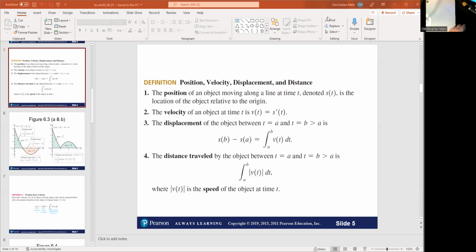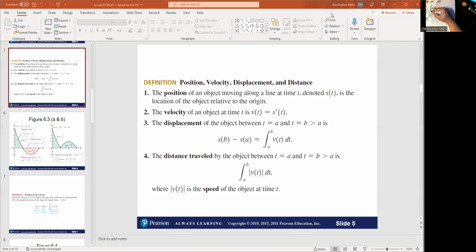So I know the velocity of the object is v of t, I know the initial position, s of 0, and what I'm interested in is where the thing is going to end up.